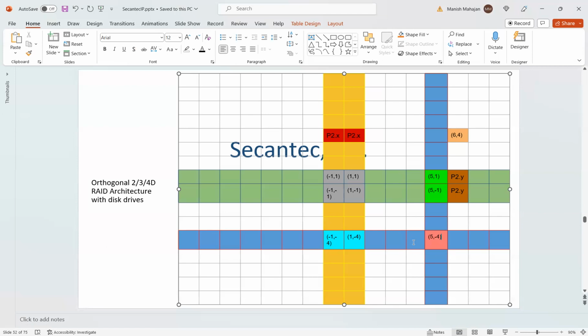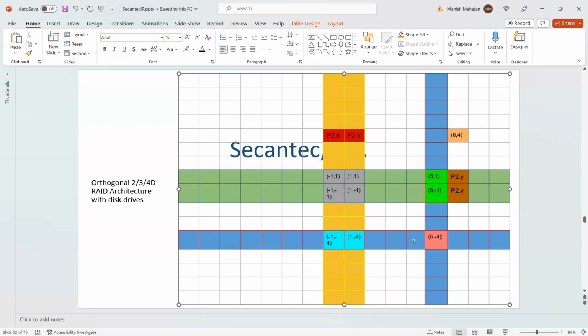Now, any two drive failures on the x-axis or y-axis can be easily reconstructed using the parities available on that line. But what will happen if there are 3, 4, 5 drive failures? Let's consider a 3 drive failure.